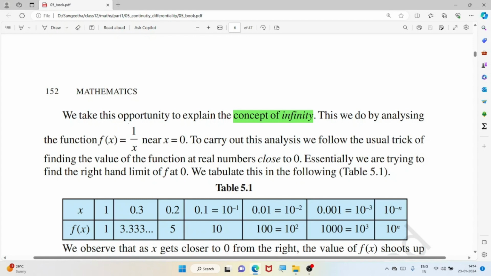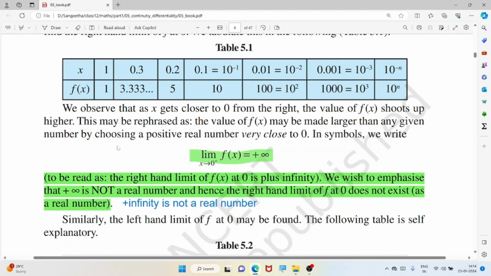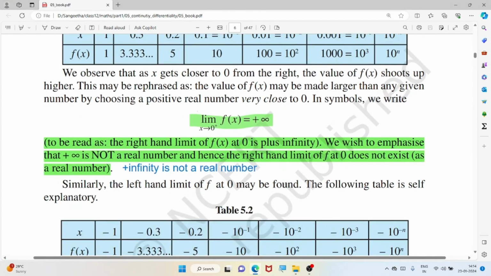The concept of infinity. What do you understand by the concept of infinity? Positive infinity is to be read as: the right hand limit of f of x at 0 is plus infinity. Right hand limit, okay?